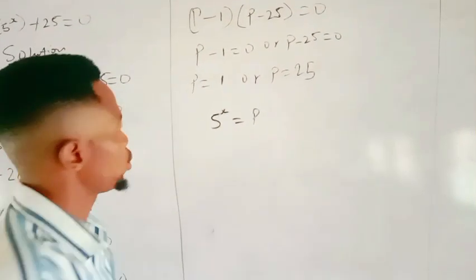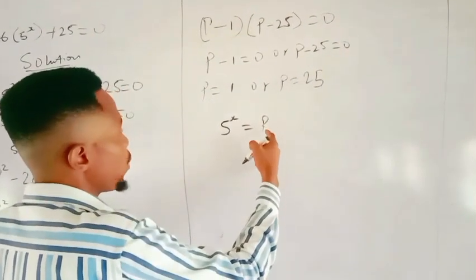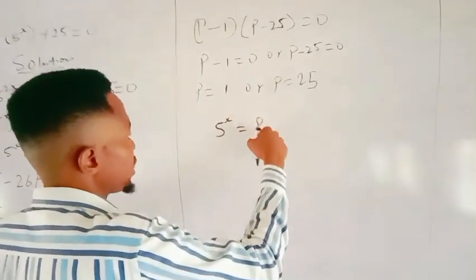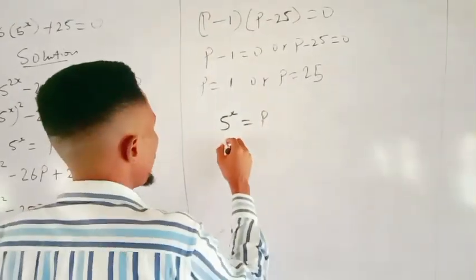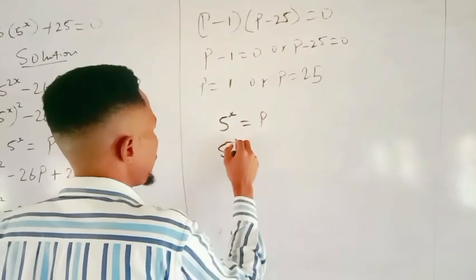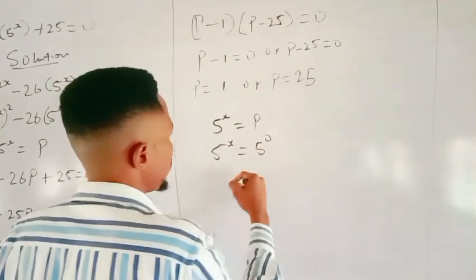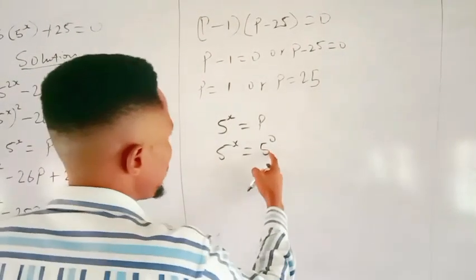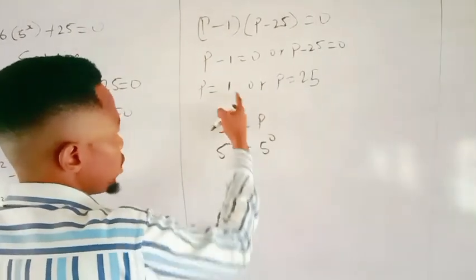So what you're going to do is put a number that, when you raise it to a power, will give you that same number, and the base has to be the same. So this will give you 5 to the power of x equal to 5 to the power of 0. Now, 5 to the power of 0 will give you 1.